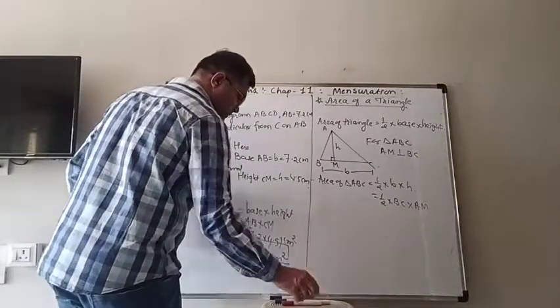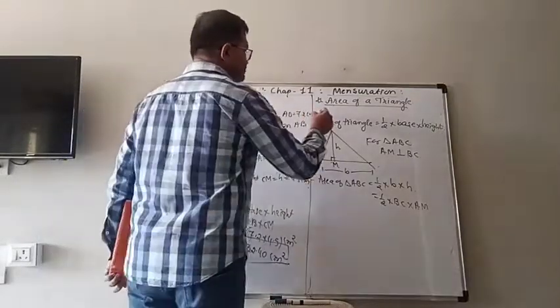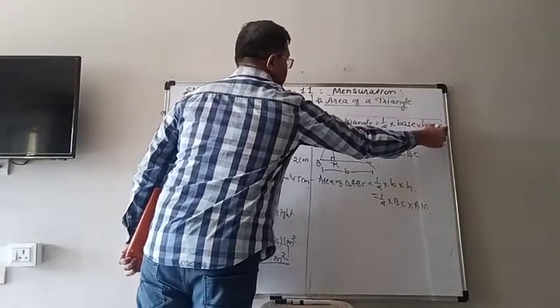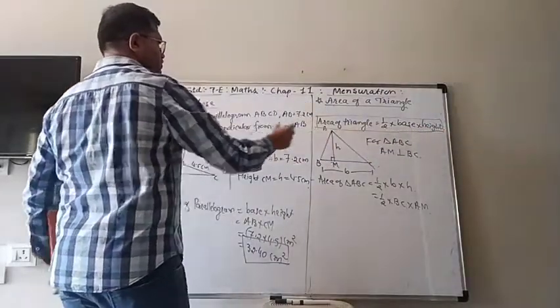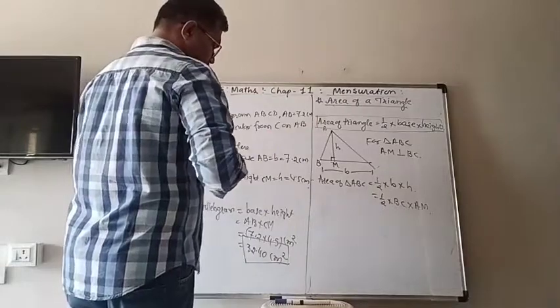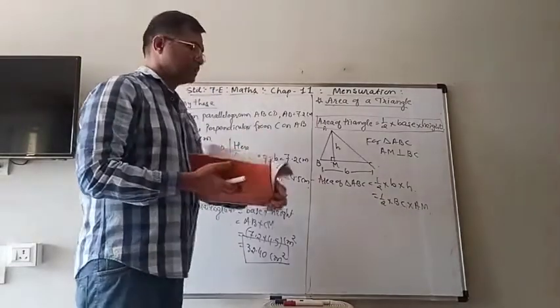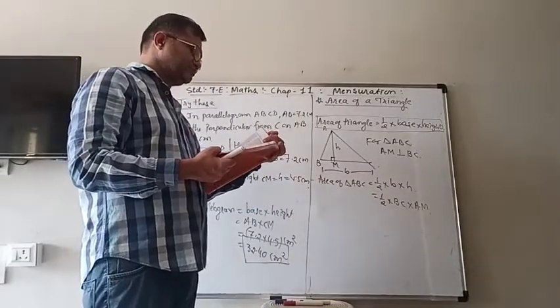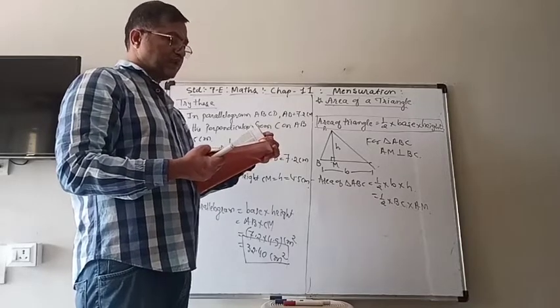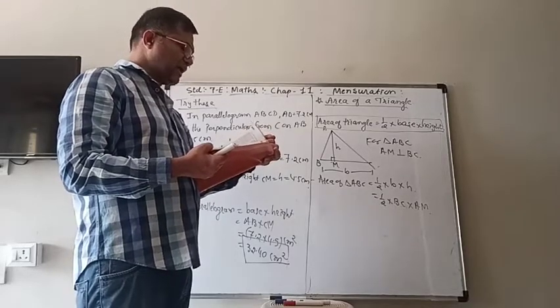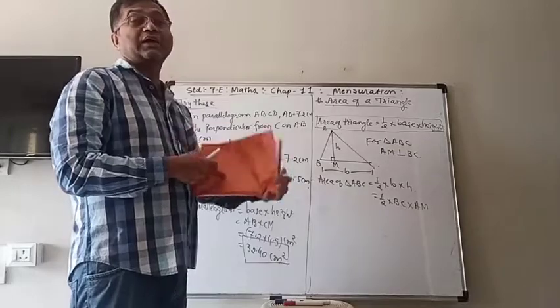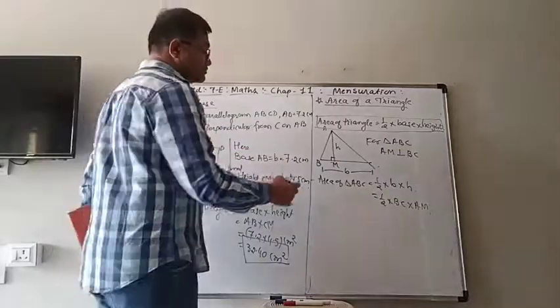So here we have to remember this formula. Area of triangle is equal to 1 by 2 multiplied by base multiplied by height. And this formula is true for any type of triangle.